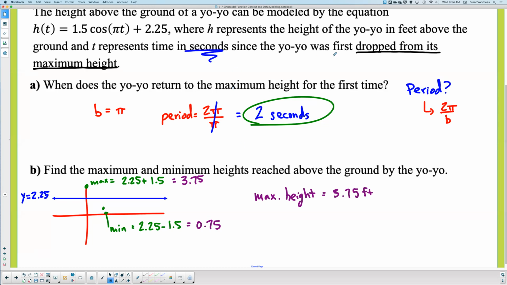Feet. Okay, feet, there it is. And the minimum height would equal 0.75 feet above the ground. Add in the reference point. What is the reference point? It's above the ground.